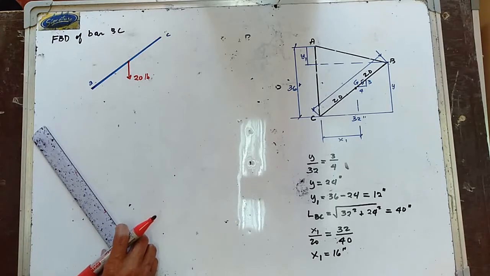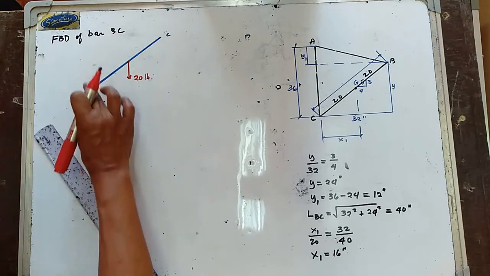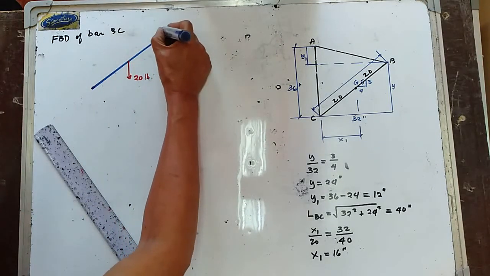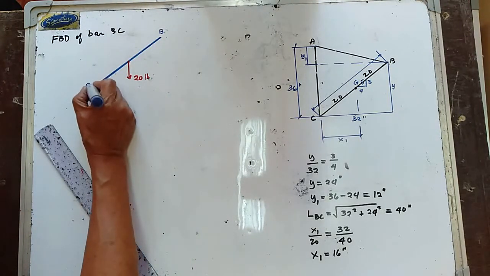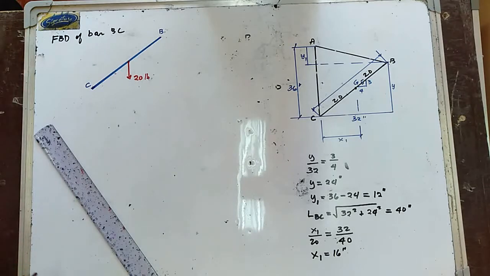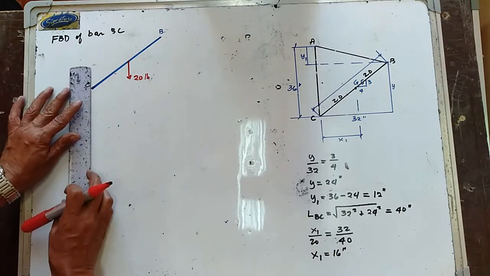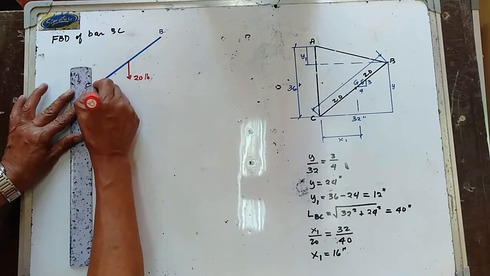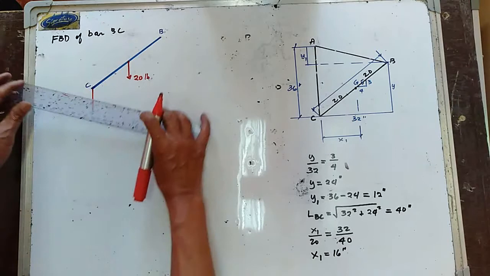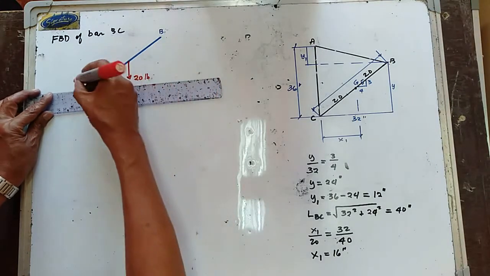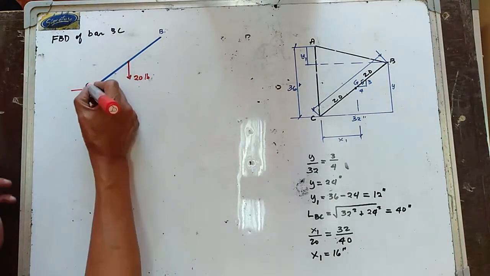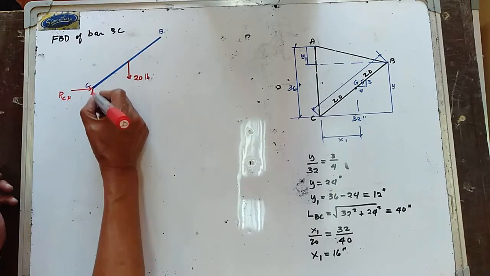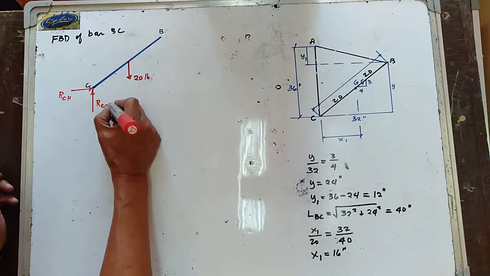So we have the reaction at point C. This is your B, and this is your point C. We have RC, that is a hinge, so we have a horizontal and vertical reaction. This is your RC horizontal, and this is your RC vertical.